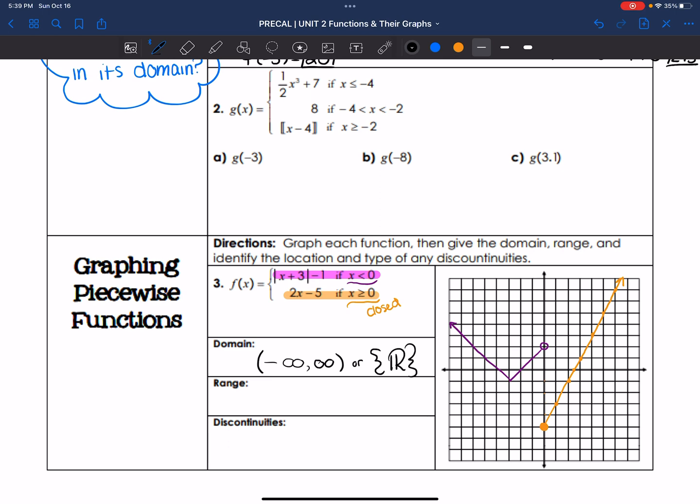Now what about the range? For range, we want to read from bottom to top. What is the lowest our graph goes? Reading it from down here, it looks like it's right here. That lowest y value is at -5, and it is included, so I'll put a little bracket around that to show that it's an included value.